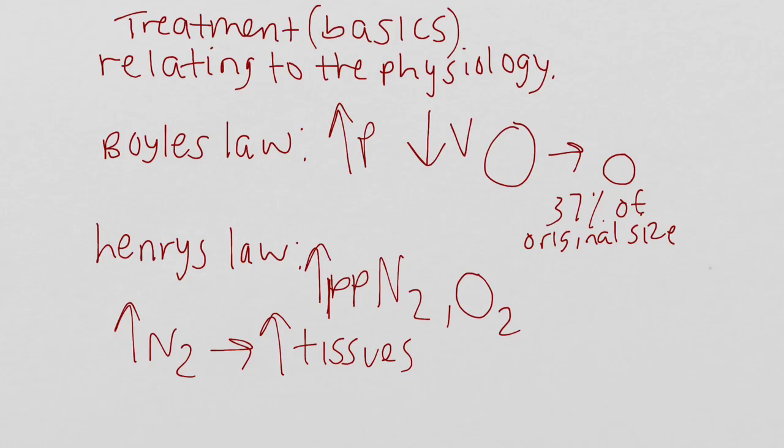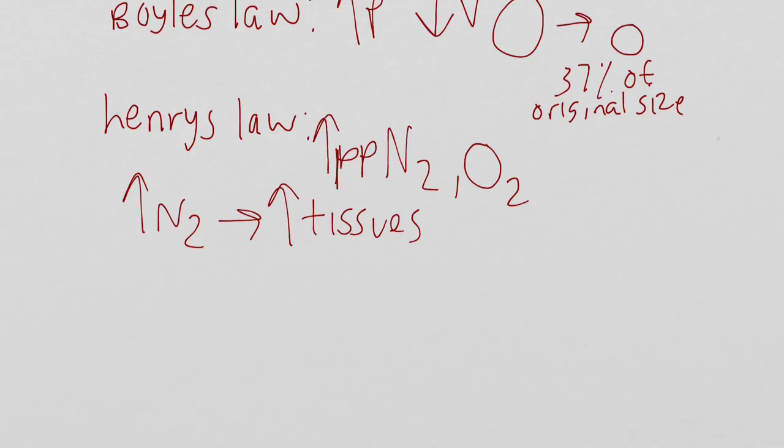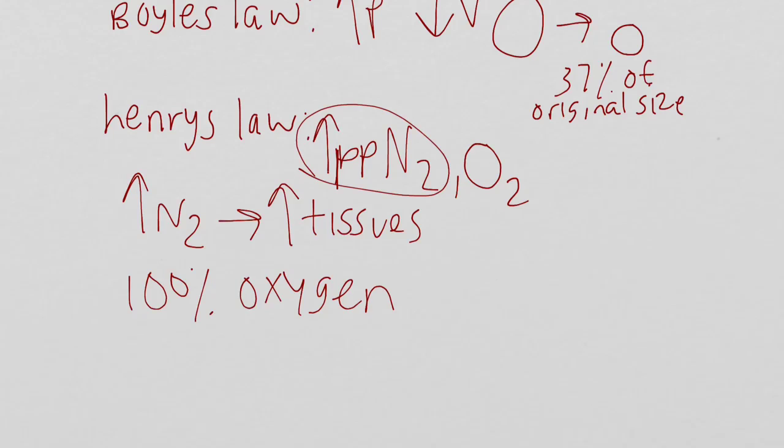So what we do is we always give 100% oxygen, so we can eliminate the nitrogen, and we can get a higher partial pressure of oxygen going into our blood, and oxygen heals.